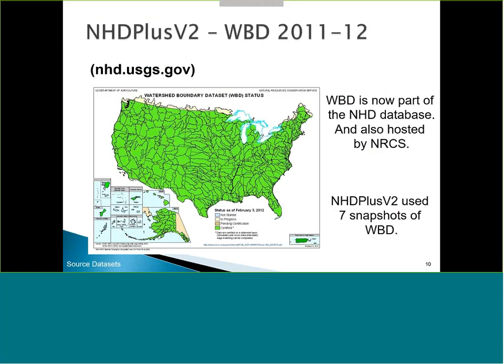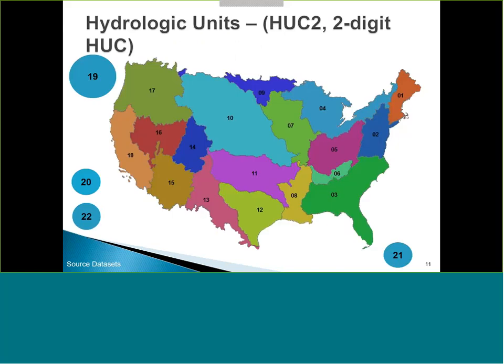The second data set is the WBD. The WBD is a nested set of hydrologic unit boundaries. They divide the country up into hopefully standardized and persistent reporting areas.